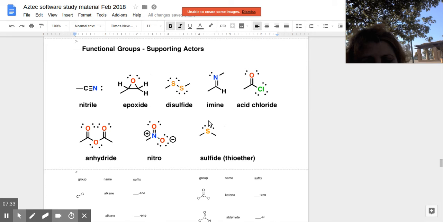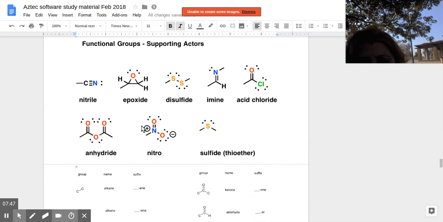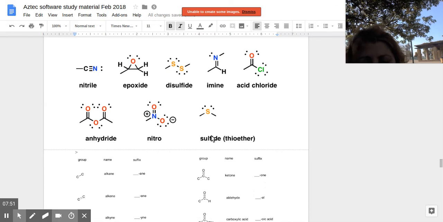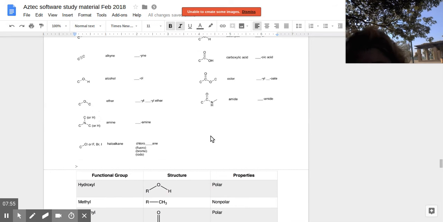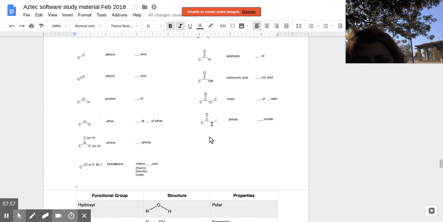Disulfide, 2 sulfurs. Imine, nitrogen group. Acid chloride has oxygen and chlorine. Anhydride has 3 oxygens in there. Nitro means a nitrogen with 2 oxygens. Sulfide has the sulfur, also called thio. Ether.